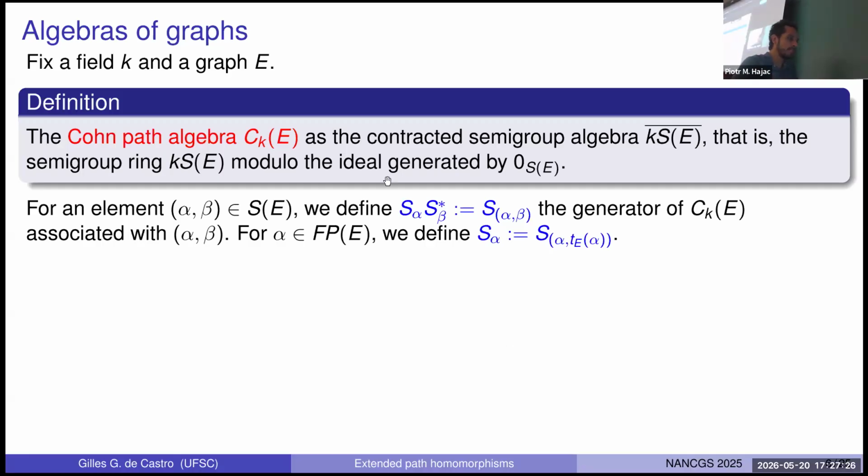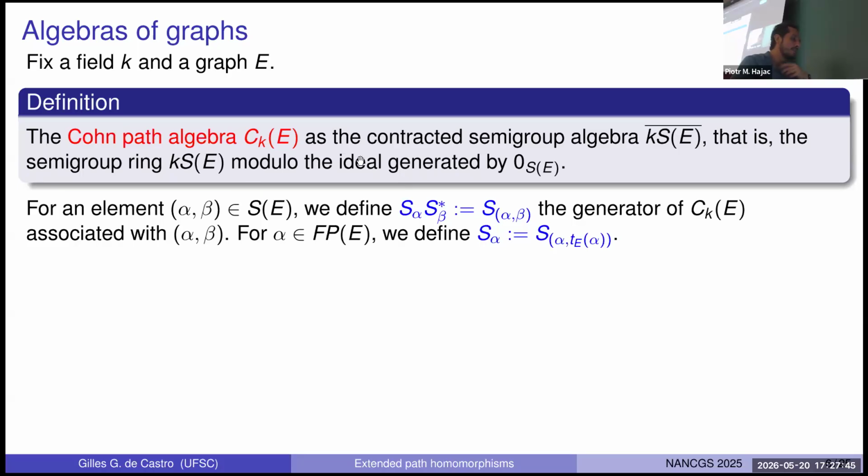And the idea is that we just take the same group ring. So as a vector space, just the free vector space generated by the set, the inverse semigroup. And then the multiplication is just the multiplication of the inverse semigroup.